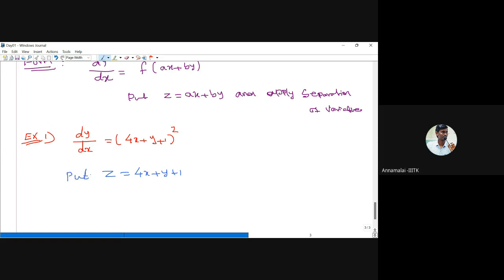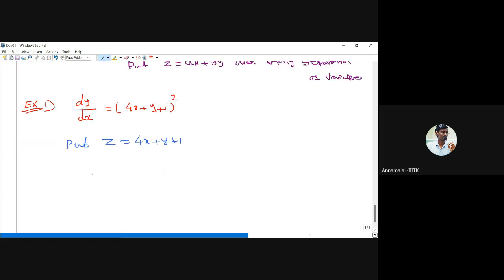z equal to this. Since the equation is in terms of y and x, now we have to change it into terms of z and x. Therefore, you have to differentiate this with respect to x. We get dz by dx on the right hand side. On the left hand side, if you differentiate with respect to x, we get 4 plus dy by dx, and the derivative of 1 is 0.